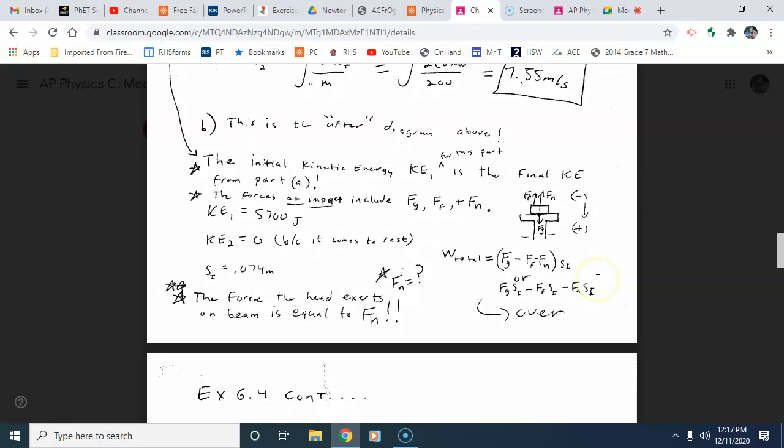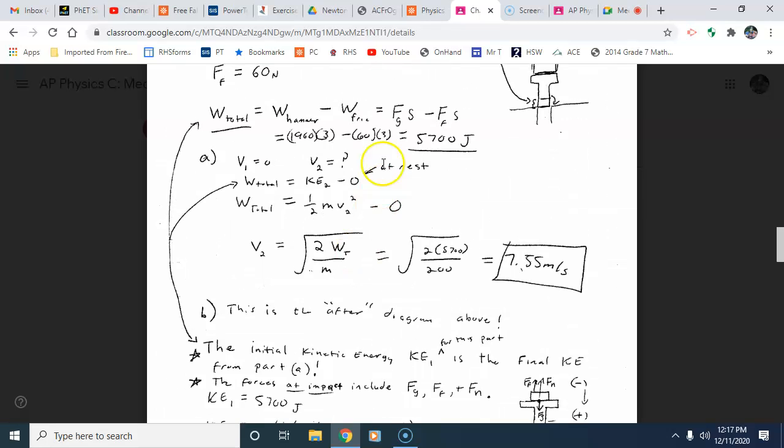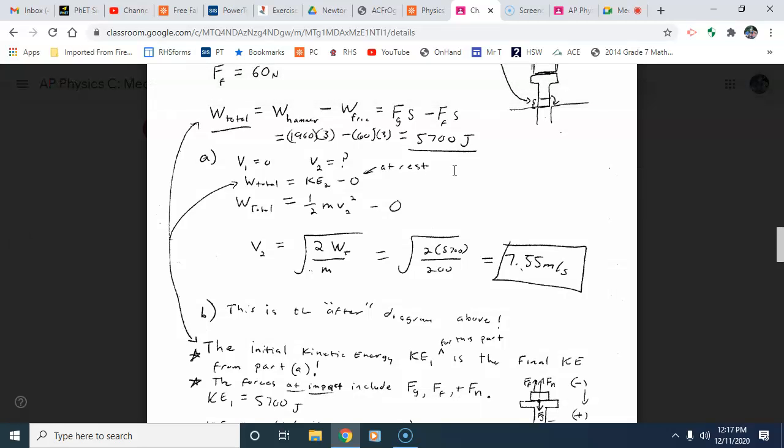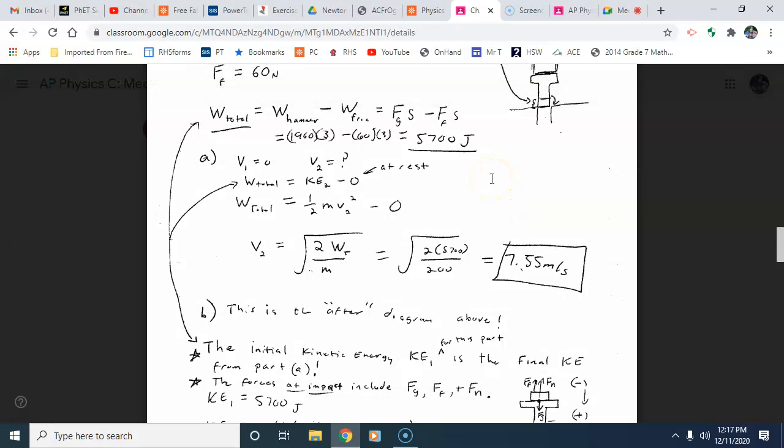And the next thing we have to do is realize that upon impact, a value I found in part A becomes my initial kinetic energy in part B. I found the total work as it falls on this hammerhead was 5,700 joules. All right?